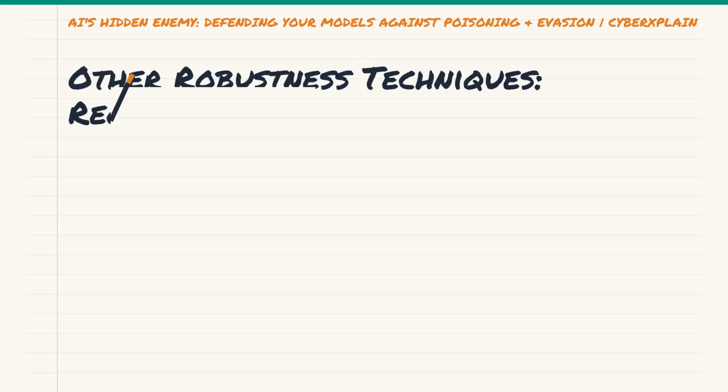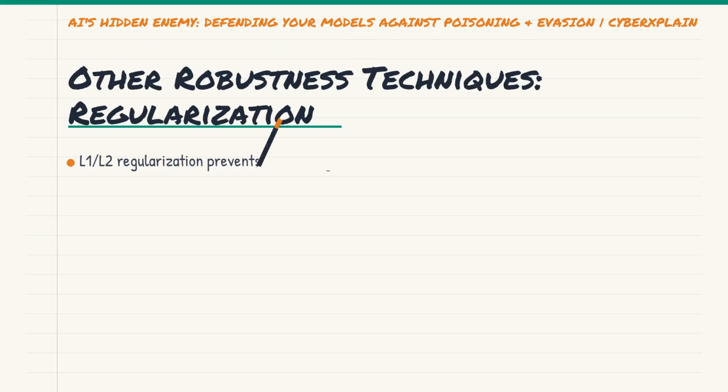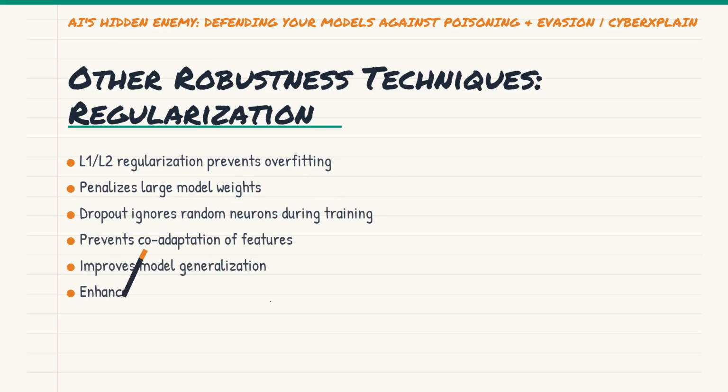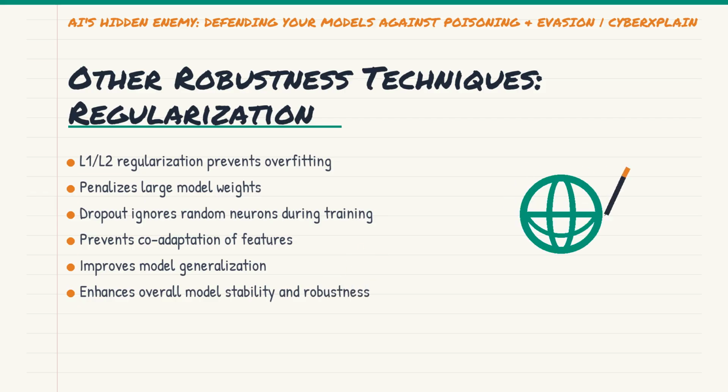Beyond adversarial training, other robust training techniques also play a crucial role. Regularization methods, like L1 or L2 regularization, also known as weight decay, help prevent overfitting by penalizing large weights in the model, forcing it to learn simpler, more generalizable patterns. Dropout is another common technique where during training, random neurons are temporarily ignored.